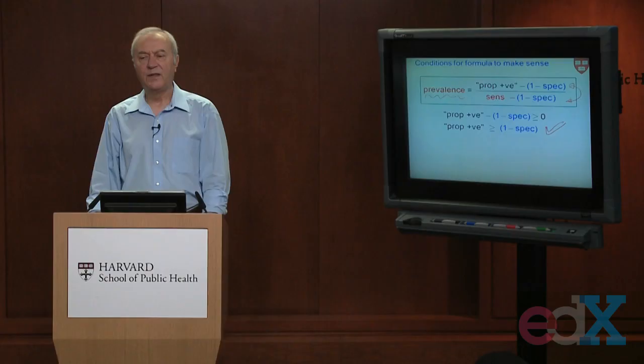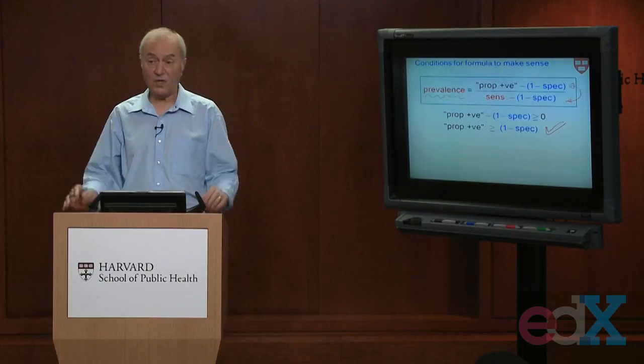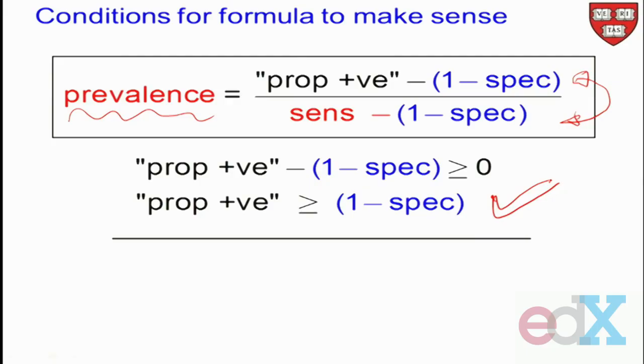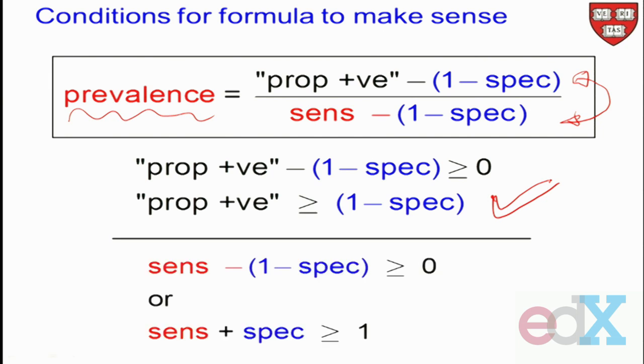So if the proportion positive gets below that, then we're in trouble, because then this quantity would be negative. How about the denominator? Well, now we want sensitivity minus (1 minus specificity) to be greater than or equal to 0, or sensitivity plus specificity is greater than or equal to 1.